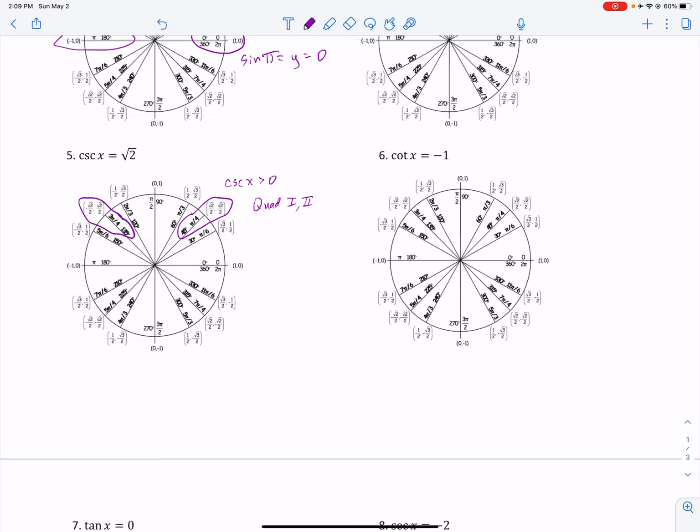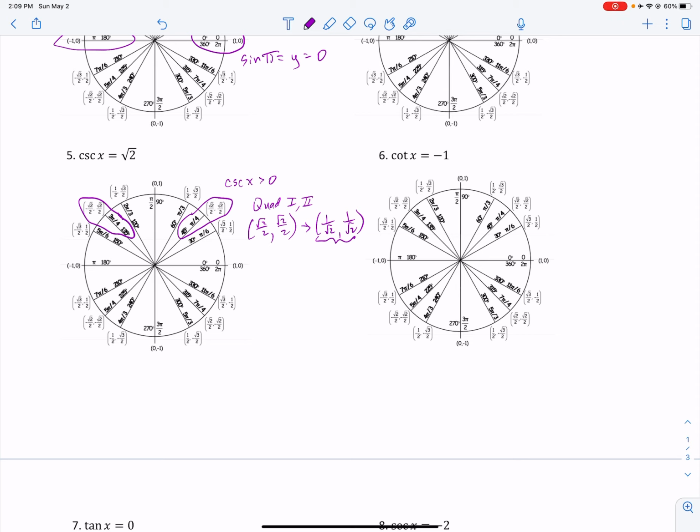Remember that root 2 over 2 came from 1 over root 2, and it's just the rationalization of it. And when you are going to need the reciprocal, it's easier to think about it as 1 over root 2 rather than the other values.